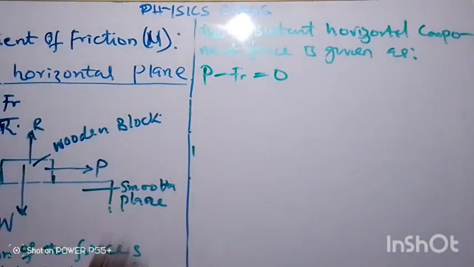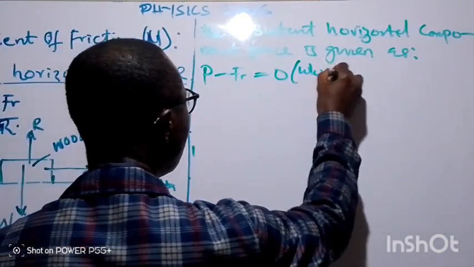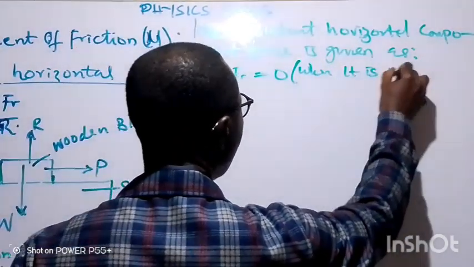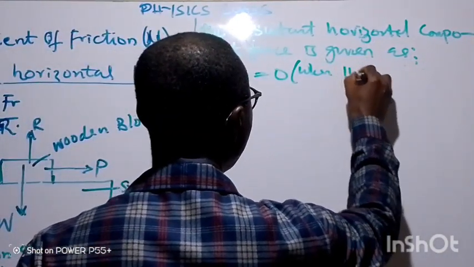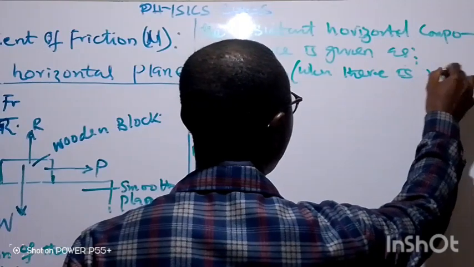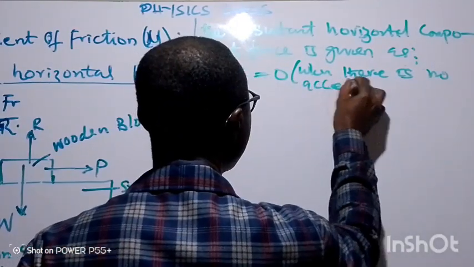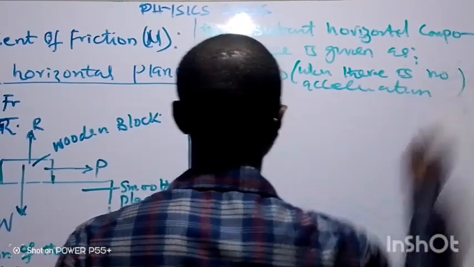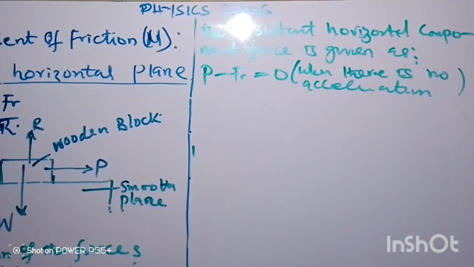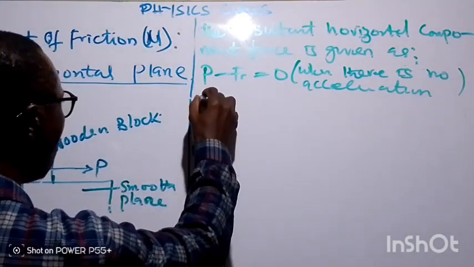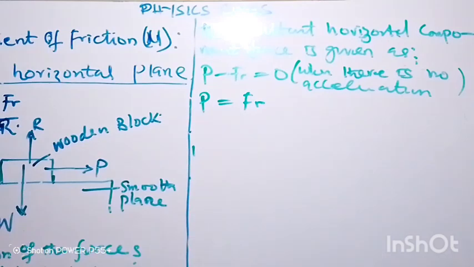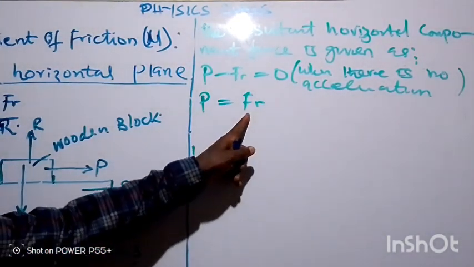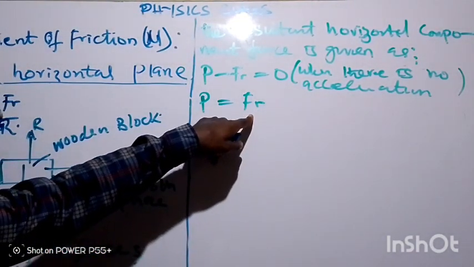That is, when there is no acceleration, our P minus Fr will be equal to 0. So therefore, our P will be equal to Fr. But mind you, don't forget, this is the frictional force, and we call it the limiting frictional force.